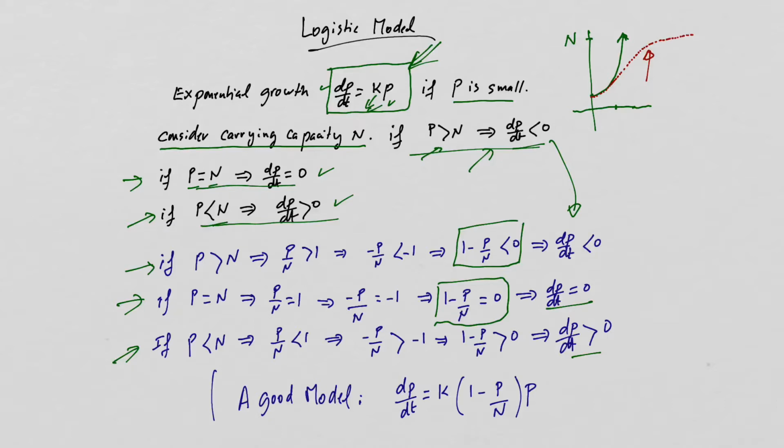We want to take this red curve into account, and therefore what we want to do is try to put all of these three pieces together in a picture. And the model looks like this. I'm going to show you this model in a very different way. dP/dt equals kP. I'm going to insert a quantity that is either positive, negative, or 0. And we call it 1 minus P over N, as you saw in here.